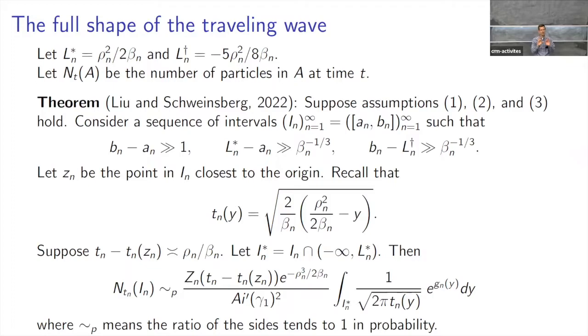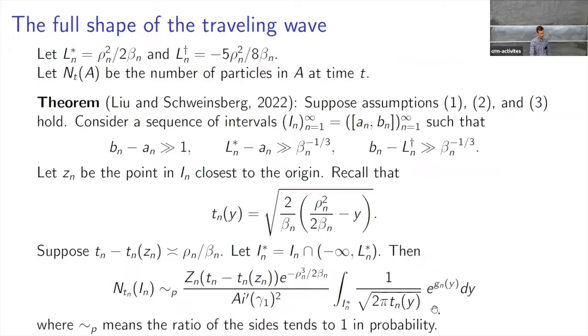And now this theorem gives us a rather precise result about the number of particles in the interval I sub n. It says that the number of particles in the interval I sub n divided by this expression on the right-hand side converges in probability to 1. Now this expression on the right-hand side is proportional to the integral over the interval In of this function here.